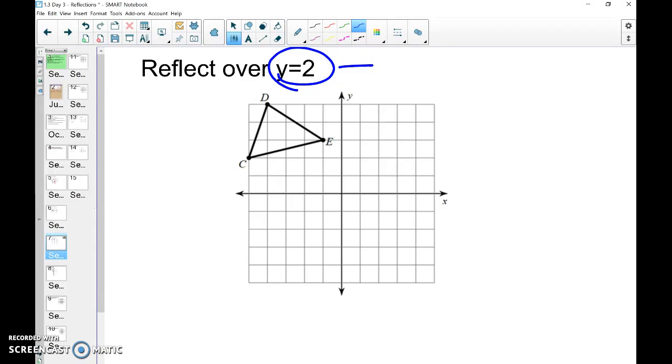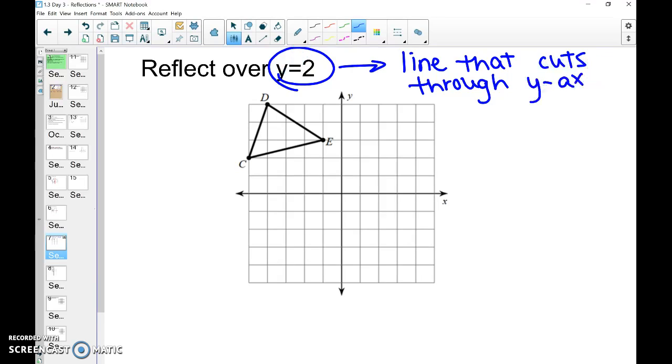This is a line, okay, because it says y equals. It's a line that cuts through the y-axis. If it said x, it'd be the x-axis, but it says y equals, so it cuts through the y-axis at 2. That's what that means.